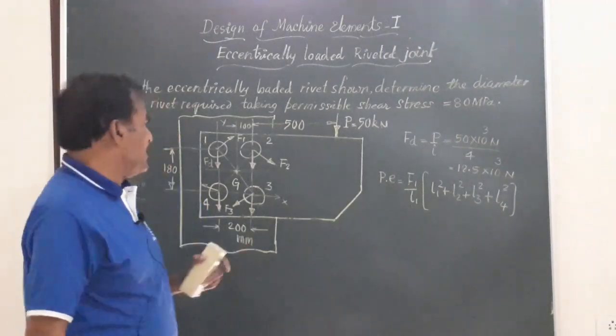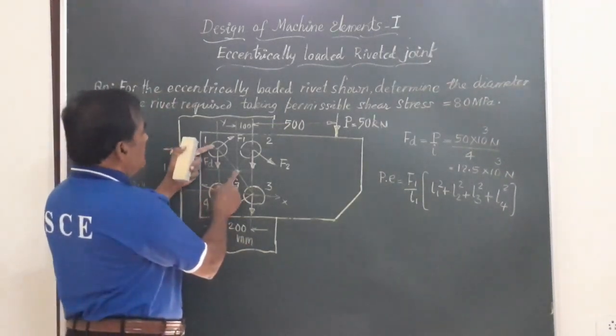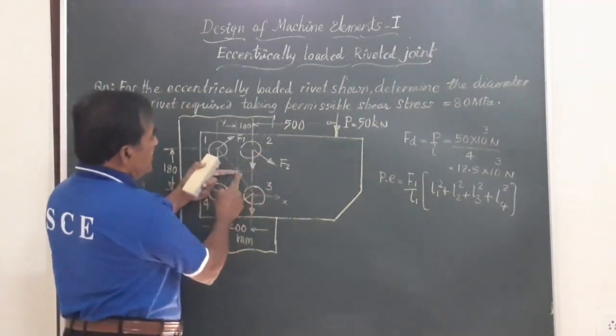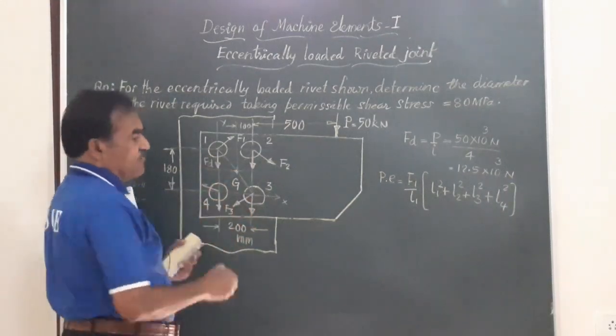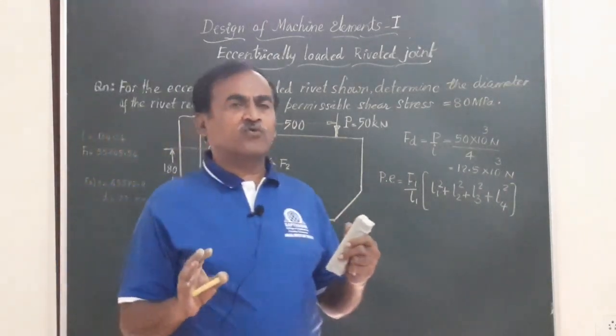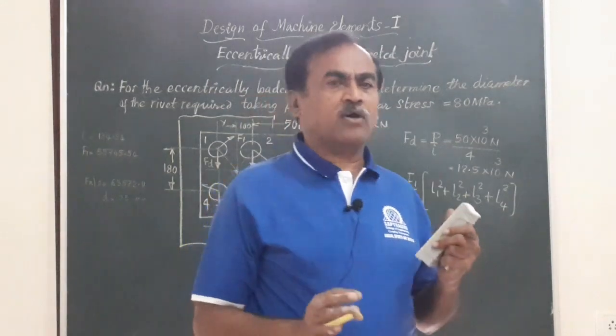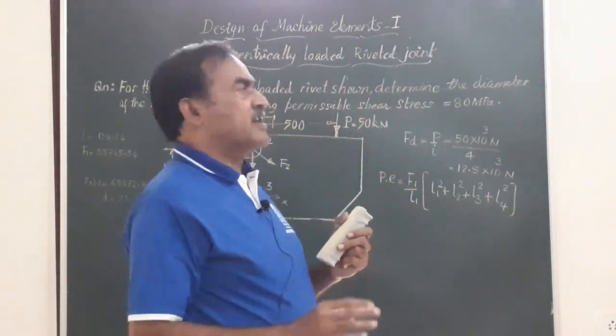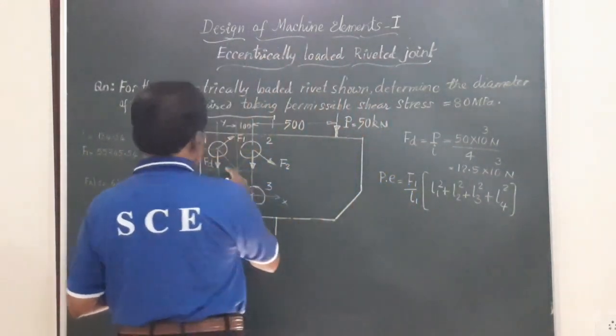In this problem, friends, L1 is equal to L2 equal to L3 equal to L4, because all the 4 rivets in this particular problem are placed at equal distance from CG.